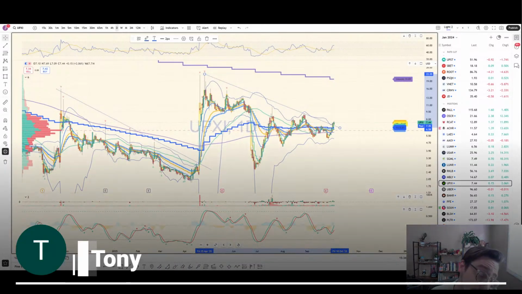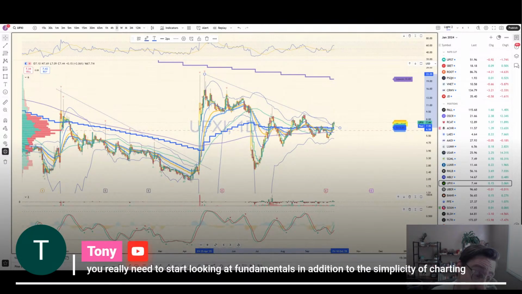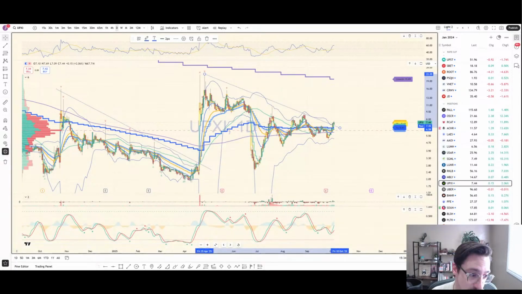Tony, I do look at fundamentals for any that I'm actually investing in. For trades, I just don't care that much, and they just have to tick certain boxes. So the technicals put it on my list. Then I go through the fundamentals before I get involved in anything that I'm holding overnight. That's essentially my rule. Fundamentals are definitely important. I just believe the fundamentals are represented in the chart through the technicals.